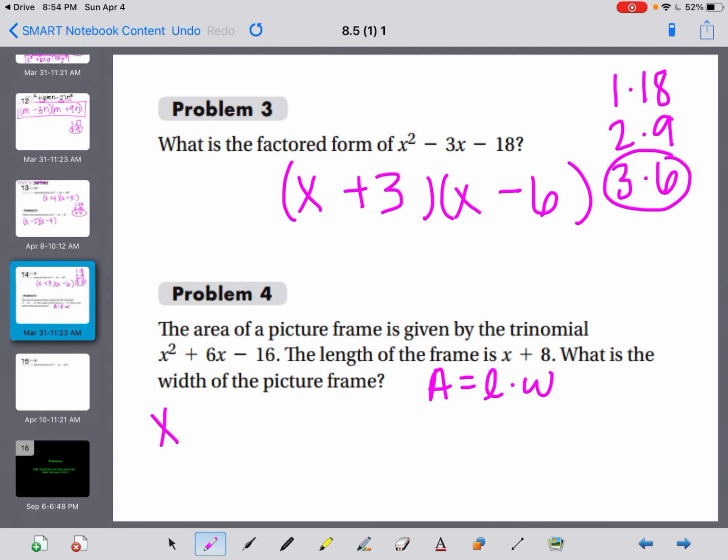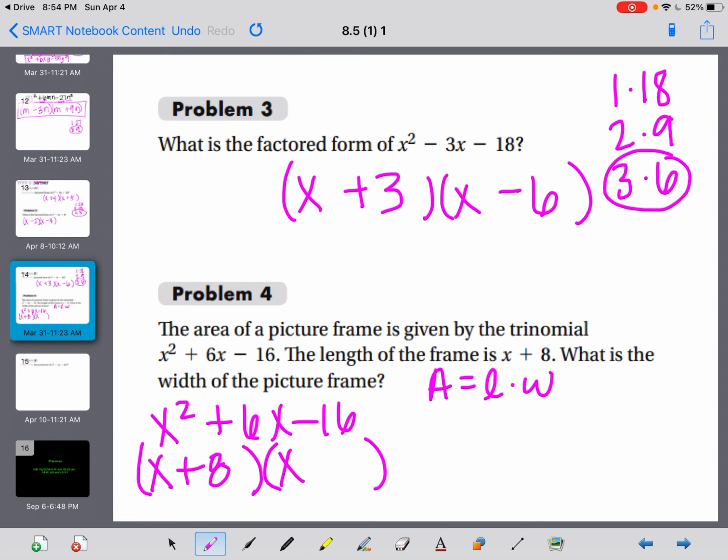So for my x squared plus 6x minus 16, for factoring, they've already given us x plus 8. So I need to figure out what else I need. Something that multiplies to be negative 16 but adds to be 6, and I already have an 8. That means I need a negative 2. So my width is actually x minus 2 for this picture frame.